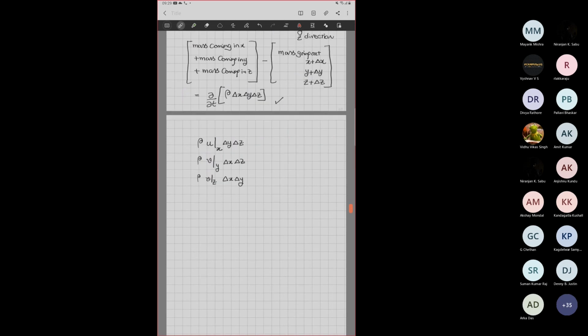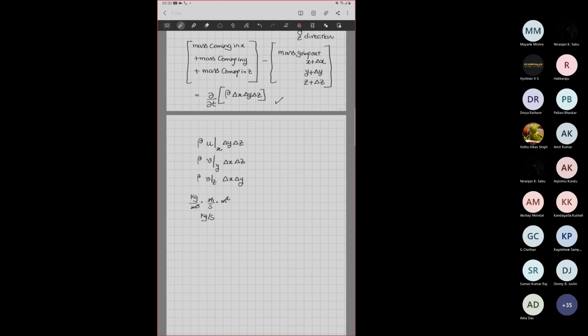Now let us look at the units. Density is kg per meter cube. Velocity is meter per second, multiplied by meter square. So meter cube goes, it is kg per second. This is the mass entering per unit time.